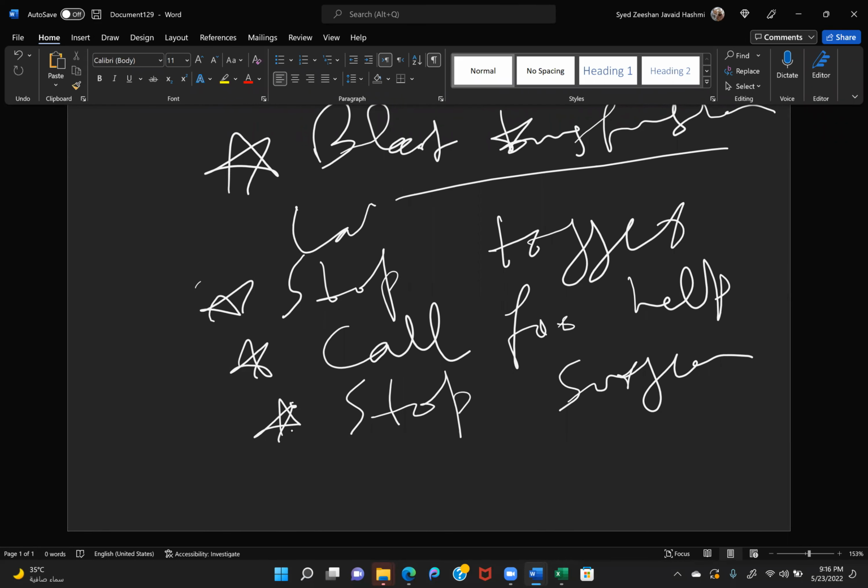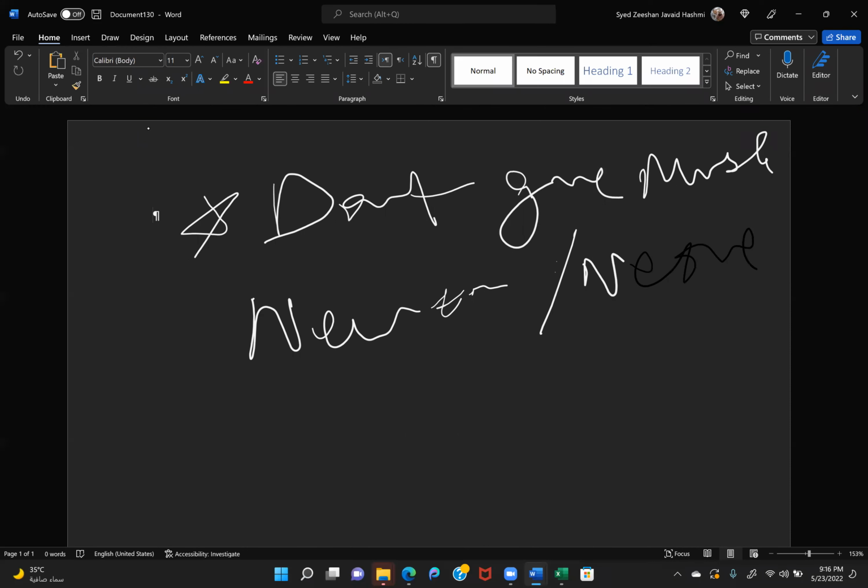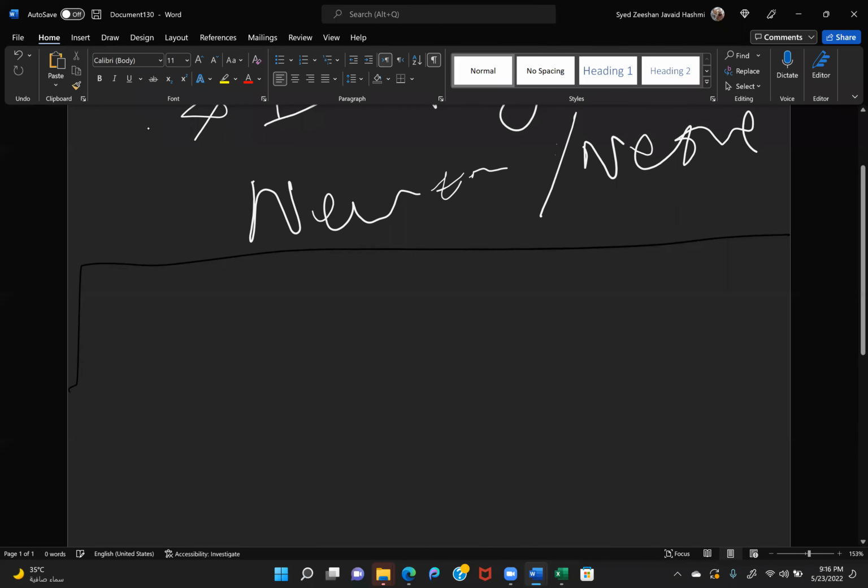Okay, so if you have a patient in which the surgeon says don't give muscle relaxant because I have to do either neuromonitoring or nerve monitoring, first of all, what are those conditions?